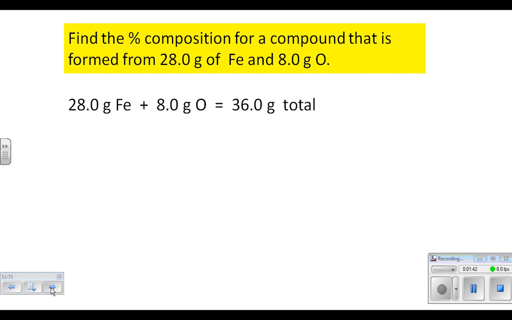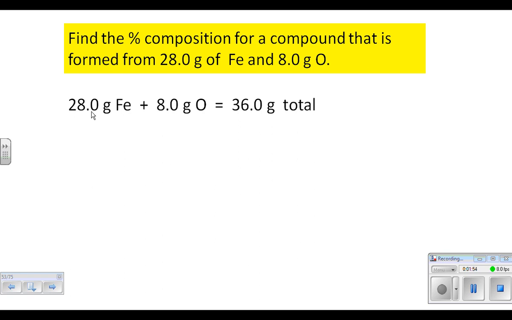Then to find each individual one, we would do the part divided by the whole. So we would do 28 divided by 36 and then multiply it by 100 to find the percent composition of iron.